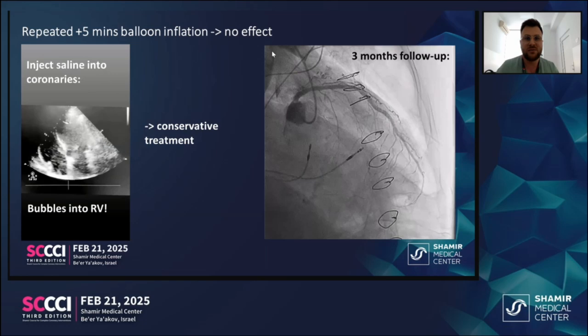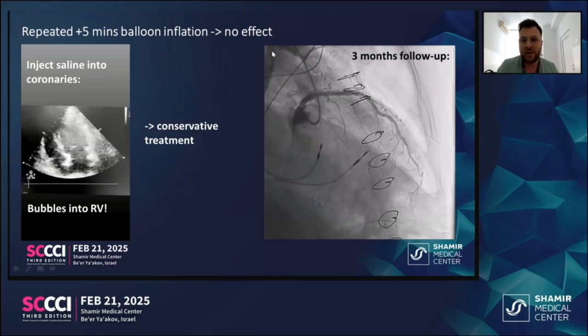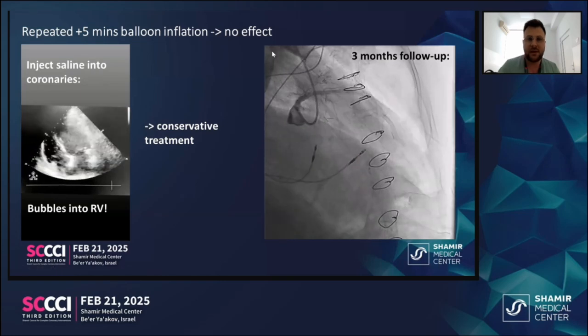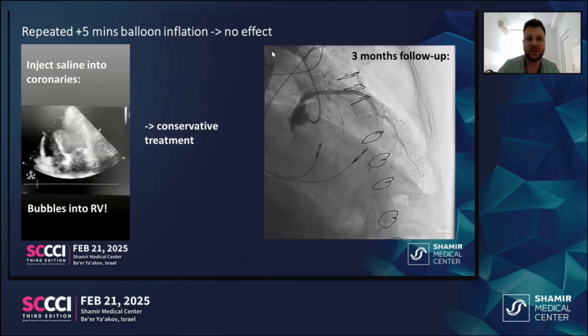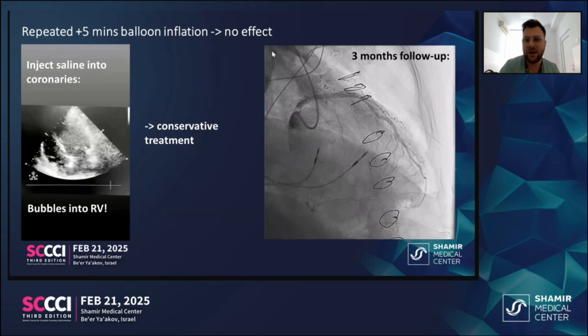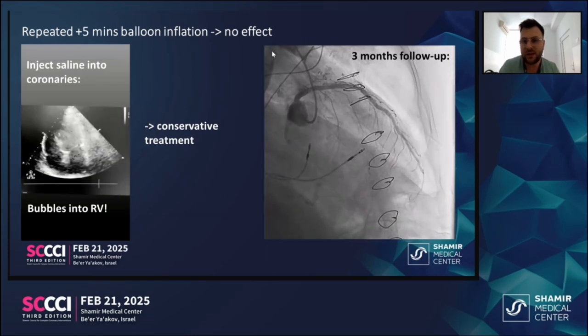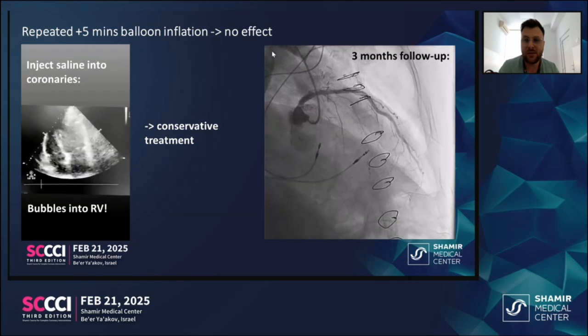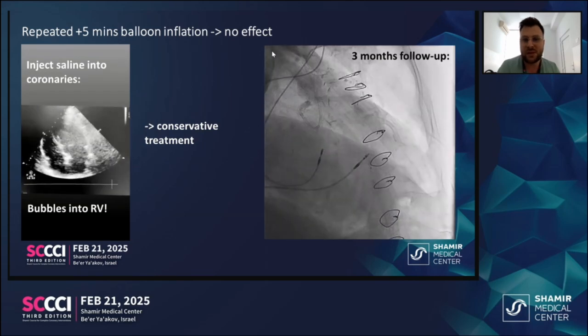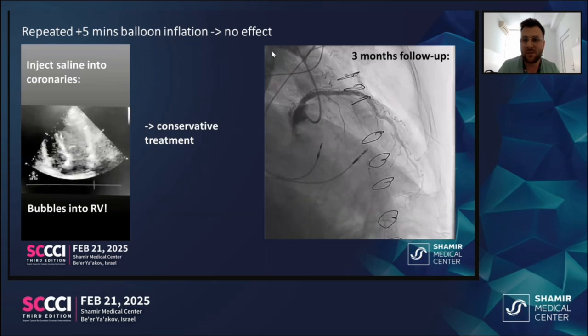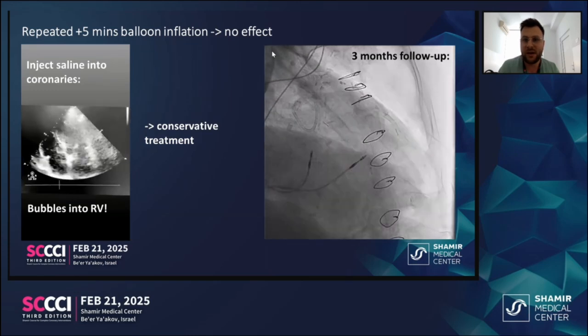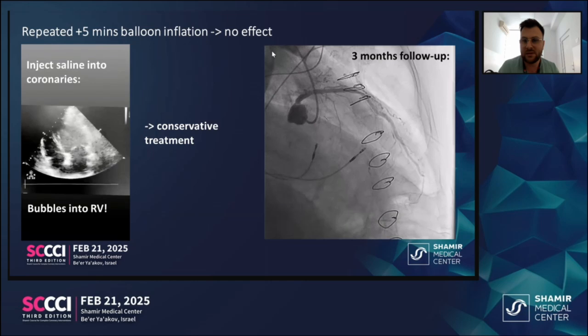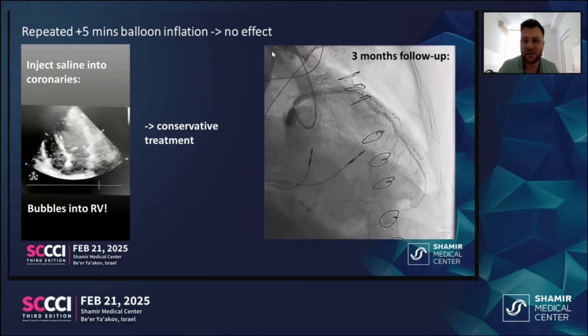So, a conservative approach, because putting a coil might, like you said, embolize, and putting stent grafts and so on can create more complications and more ischemia. Of course, we were a bit skeptical, so we called the patient back at 3 months follow-up and repeated the angiogram, and you can see that the perforation sealed by itself.